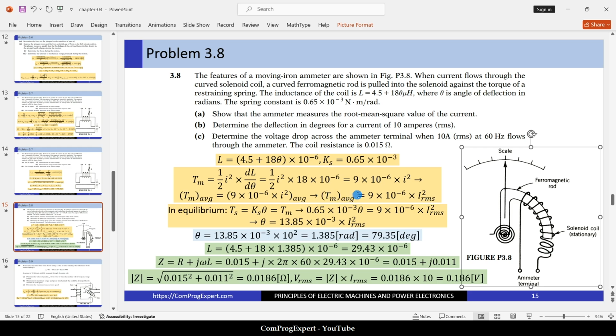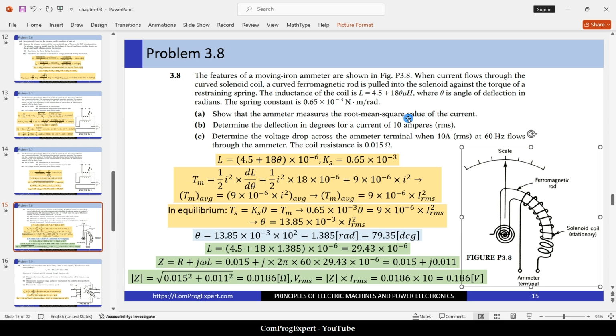So the average value of the torque is 9 times 10 to the power minus 6 times the RMS value of the current to the power 2. So the ampermeter measures the RMS value of the current, right? For any waveform for the current.